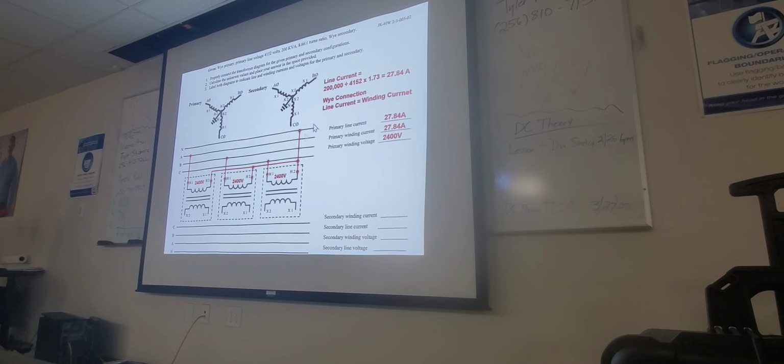And our winding current is going to be the same because it is a Y connection. So what is our secondary winding voltage going to be? E line divided by 1.73. No. Winding voltage.